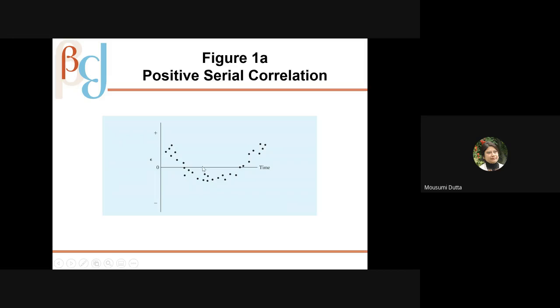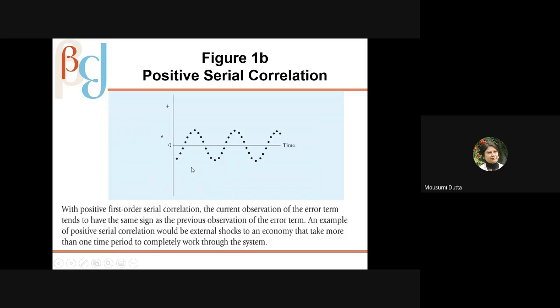If this kind of thing happens, we call it positive serial correlation. Here also, in this kind of cycle, you get a continuously rising phase, then falling, then rising again, then falling. If you consider a short period, subsequent observations move in the same direction. So here also we are getting positive serial correlation.